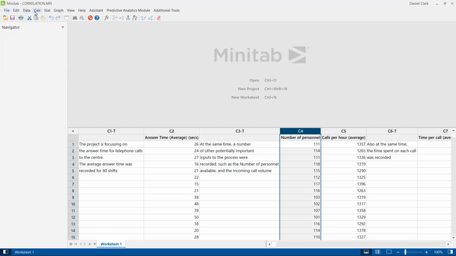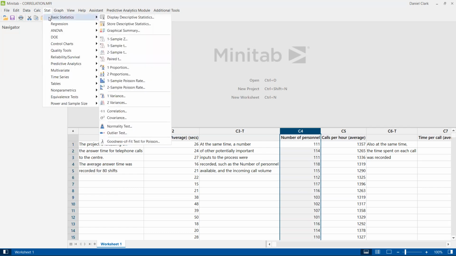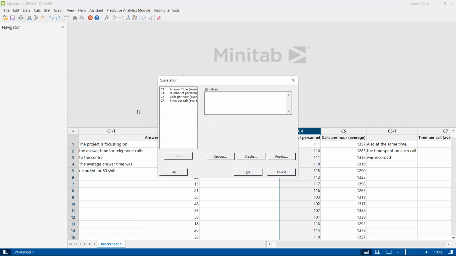To do the correlation analysis, I'm going to go to Stat, Basic Statistics, and then Correlation. These are all numeric values here. You can see that Minitab doesn't seem to care what order I put them in.